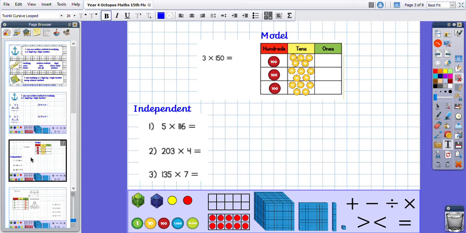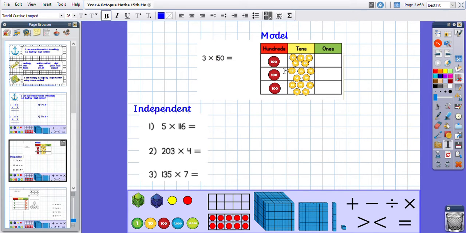So moving on to today's learning, we are going to be timesing 3 by 1-digit numbers. So if you have a look at the model at the top, we have 3 times 150. Now remembering that it does not matter which way around these numbers go when you are timesing, it is still the same whether it's 3 times 150 or 150 times 3.